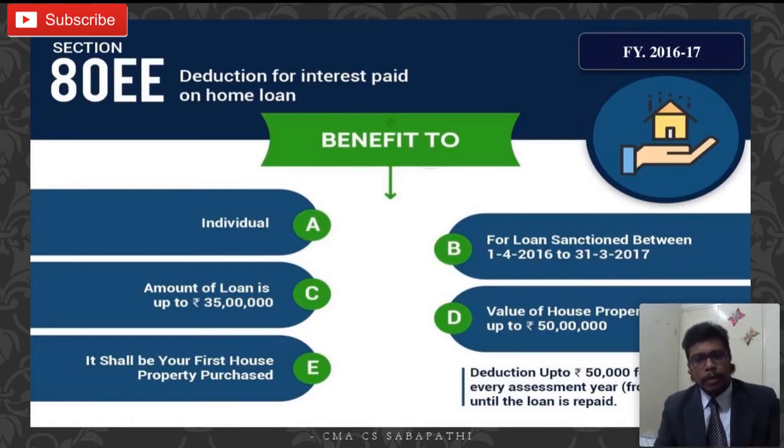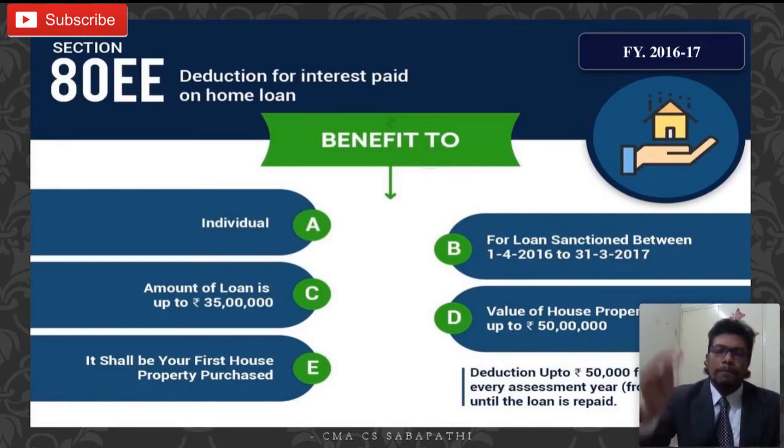If you purchased a flat or a home whose value is less than 50 lakhs and the loan amount is less than 35 lakhs, you can avail a deduction of 50,000 rupees from your total income. This is what 80EE is all about.